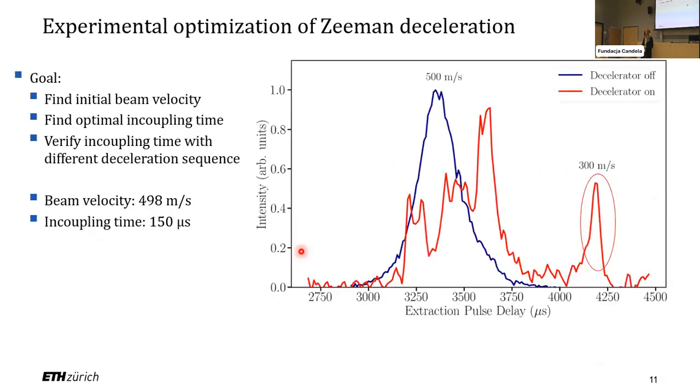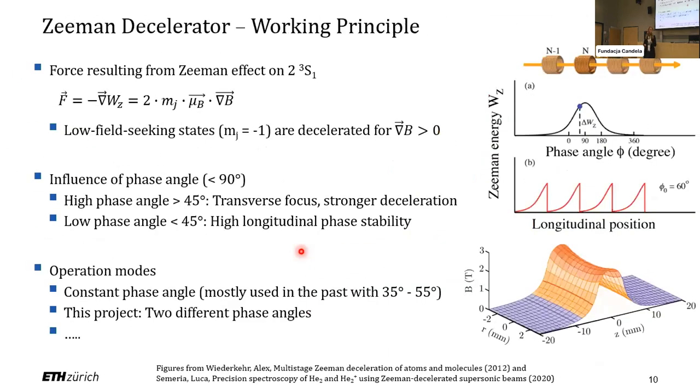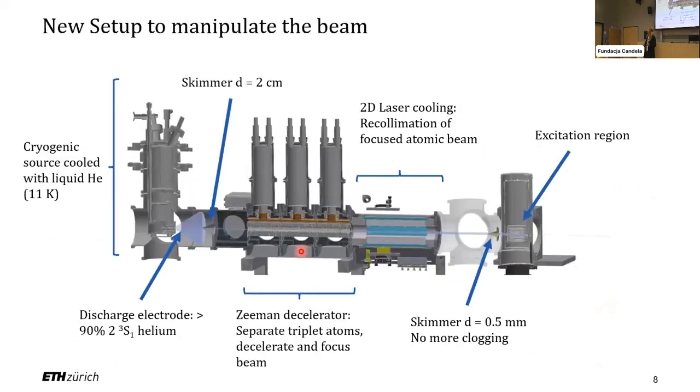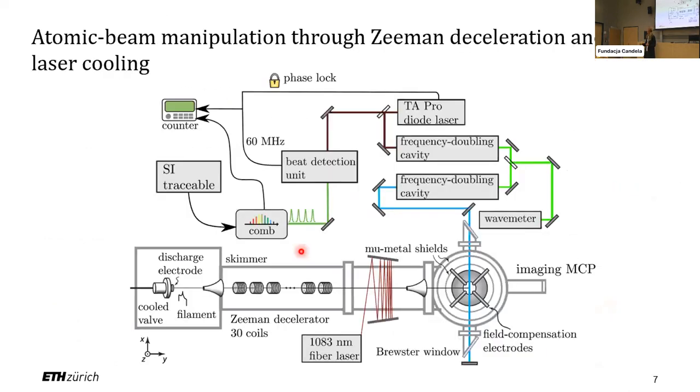In our system, we have 2 mu metal shields which shield our spectroscopy region. Also, you have to notice that the Zeeman decelerator is turned on almost 500 microseconds or even longer before our atoms enter the spectroscopy region. So the magnetic fields should have decayed by the time we perform our spectroscopy.